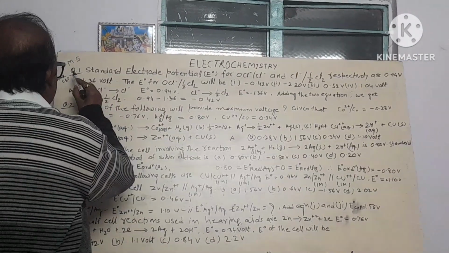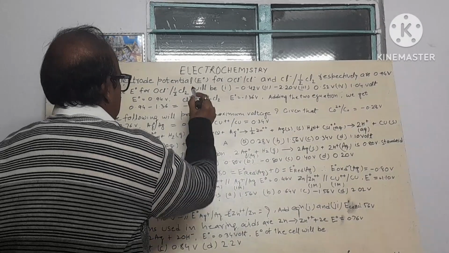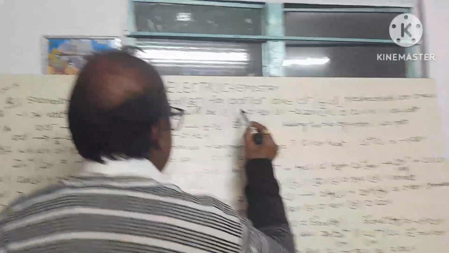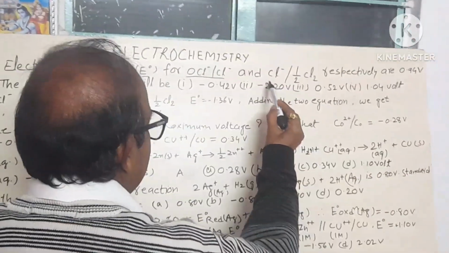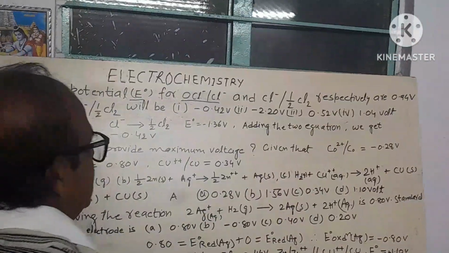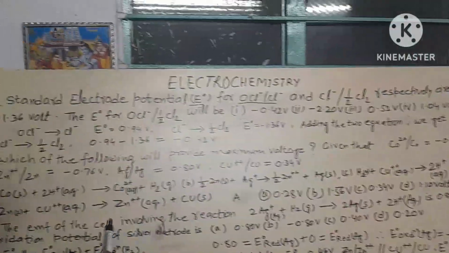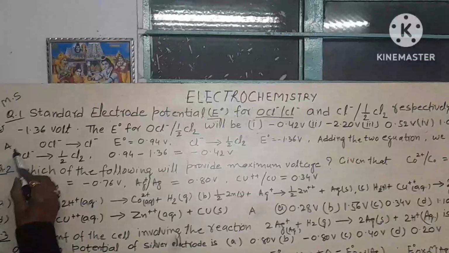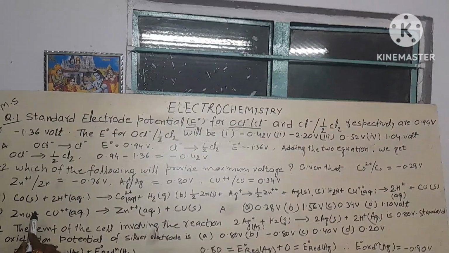Standard question 1, standard electrode potential. The standard electrode potential for OCl minus oblique Cl minus, and for Cl minus oblique half Cl2, respectively are 0.94 volt and 1.36 volt.